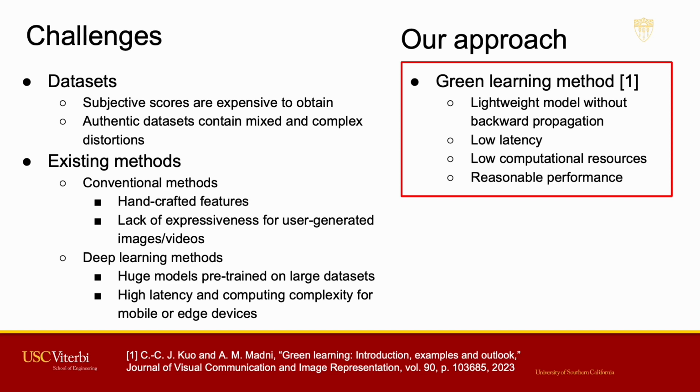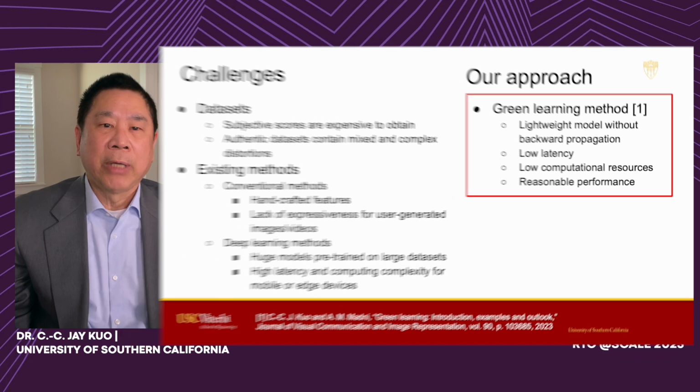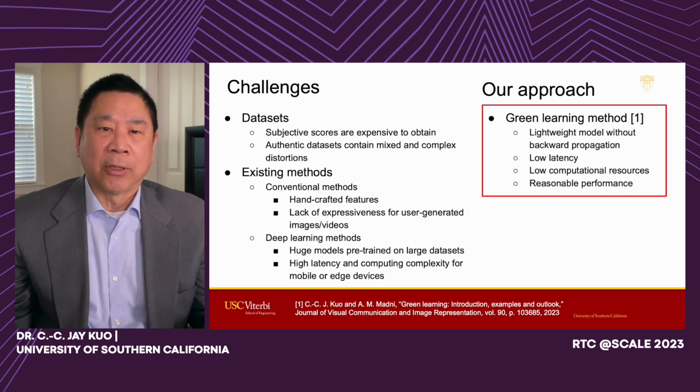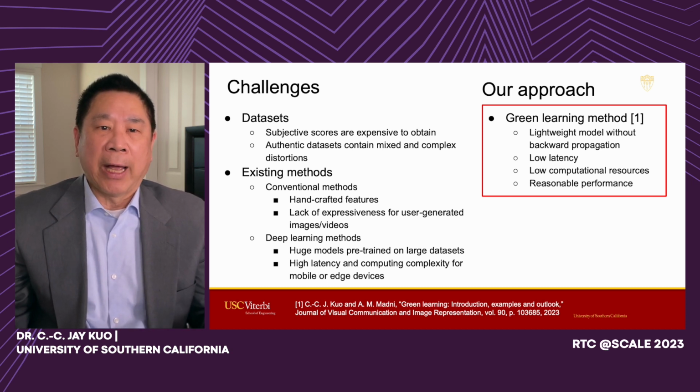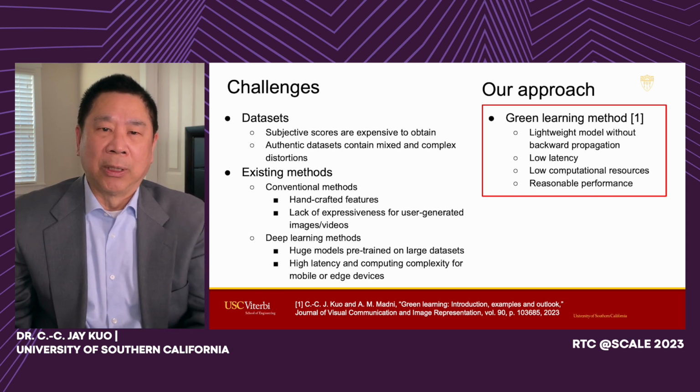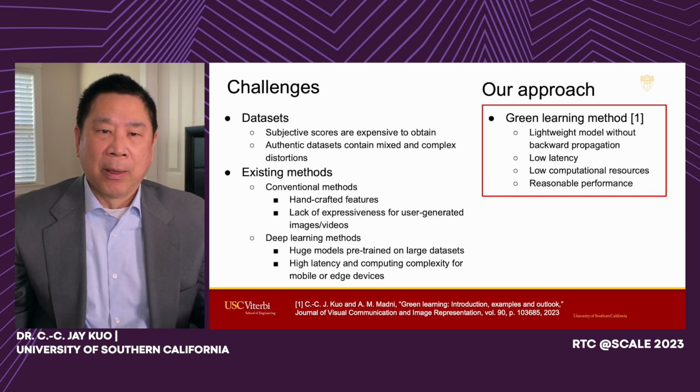For current machine learning methods, there are two categories. One is a more traditional one: you extract the features from images, and then you do the machine learning on that. The second is a deep learning neural net approach, where you do end-to-end optimization, get the features, and make the decision in one pipeline.